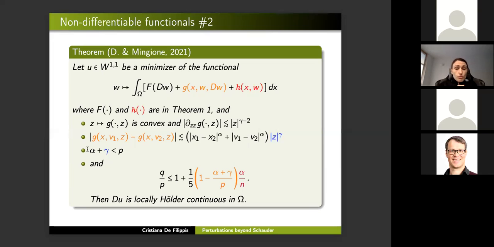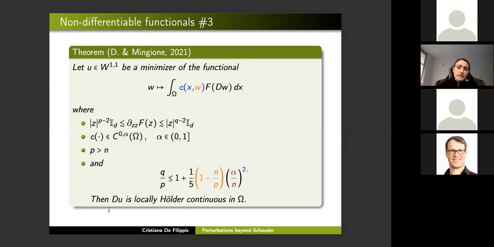We will need to assume that alpha plus gamma is strictly less than p and impose again a constraint that accounts for the presence of all these lower order terms. In particular, you see this orange one has the same character as G, and therefore we can prove that the gradient is locally Hölder continuous, okay?